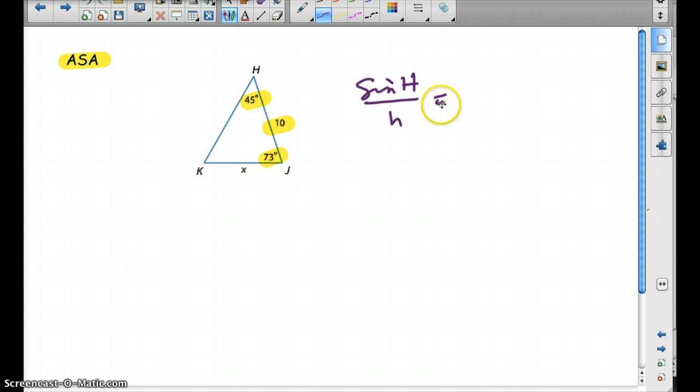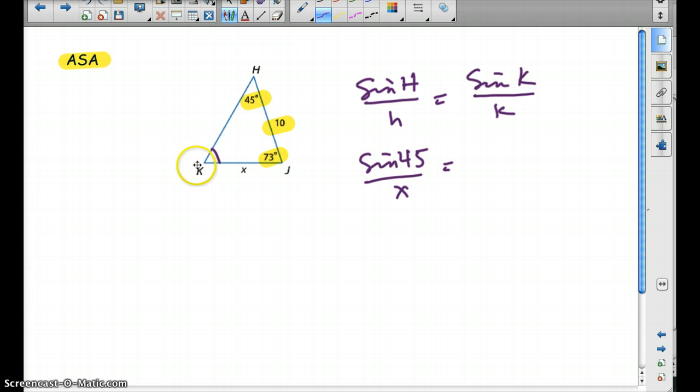And then we have the sine of, let's see here. We can't use the 73 here because we don't have a side length. So we're actually going to use big K over little k. And I'll show you here in a moment how we can figure out what K is. So it's going to be the sine of 45 over x.